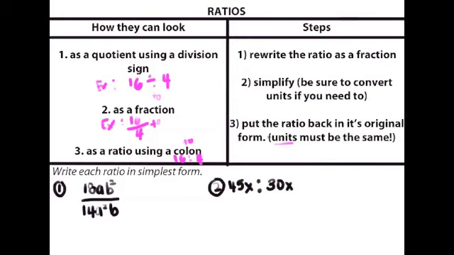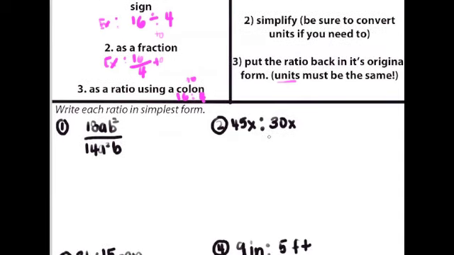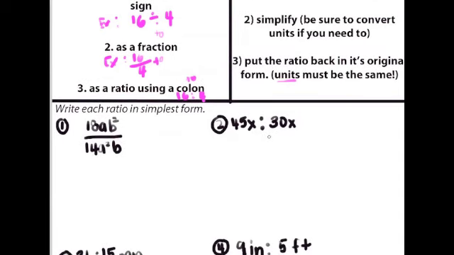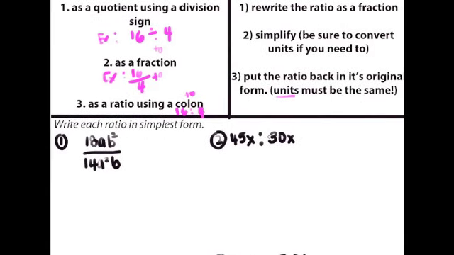So let's look at some examples so this can make more sense. The directions say to write each ratio in simplest form. Number 1 is 18ab squared to 14a squared b. The first step, remember, was to rewrite the ratio as a fraction, but lucky for us, it's already a fraction.